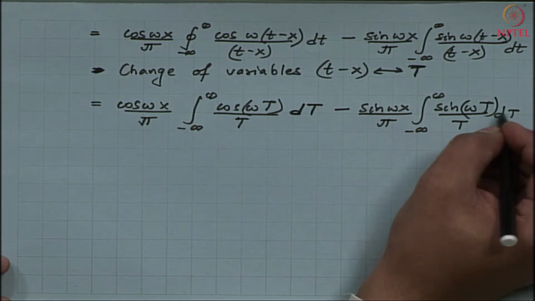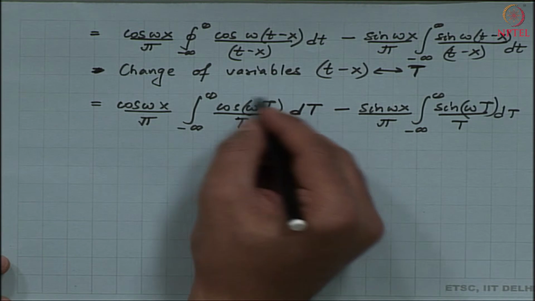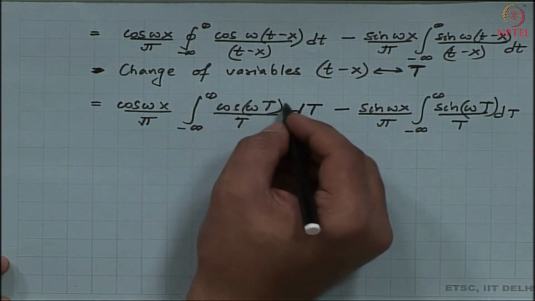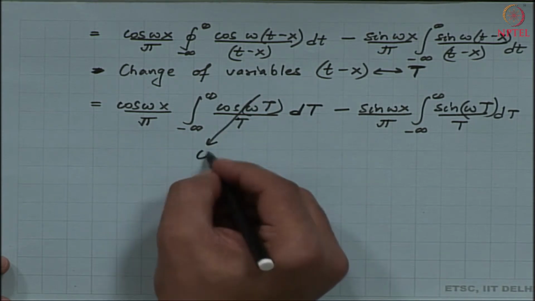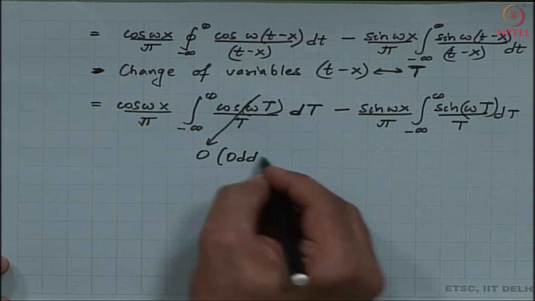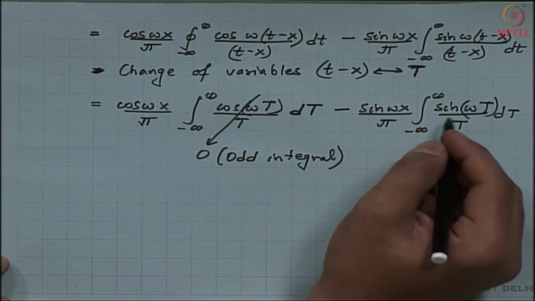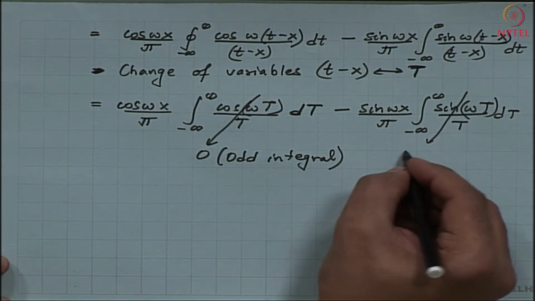Next we see that this first integral is an odd integral. The term in the numerator is even, the term in the denominator is odd. So, for an odd integral I get 0. For this particular integral, the value is known from standard calculus textbooks.